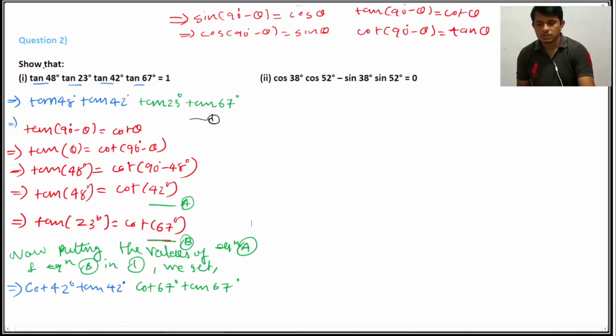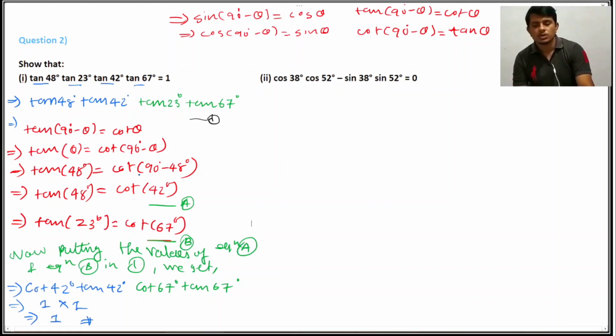Now just remember that cot and tan are both inverse functions. If we have two inverse functions multiplied by each other, then the value will be 1. So the value of cot 42 degree into tan 42 degree is 1. Similarly, the value of cot 67 degree multiplied by tan 67 degree will also be 1. So 1 times 1 is 1. That's our proof.